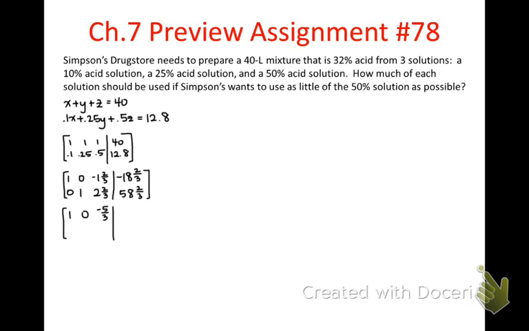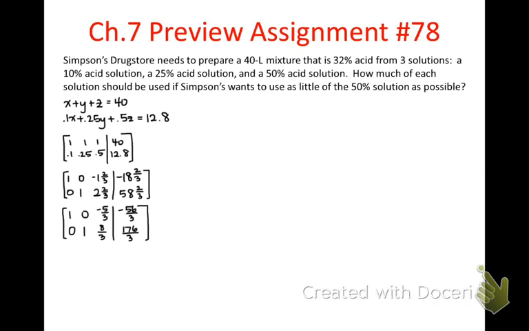That 18/3, if you were to convert it, you would get negative 56/3. On the bottom, we get 0, 1, and 8/3. And then the 58, do your conversion, that's 176/3. So these numbers are going to be a little bit easier to work with.